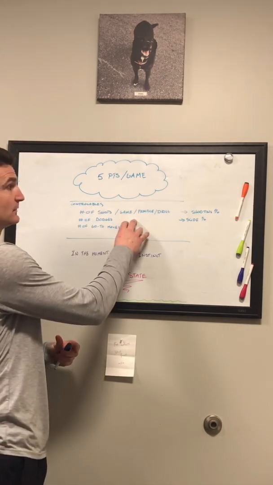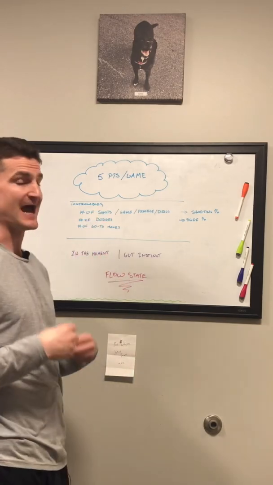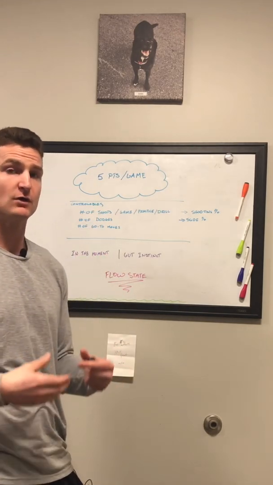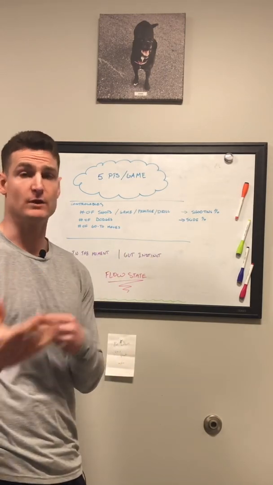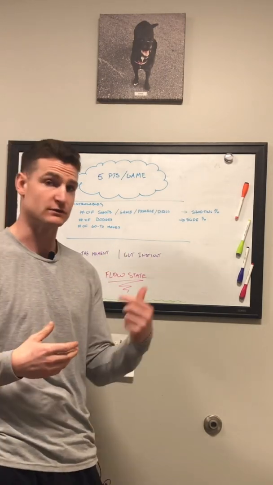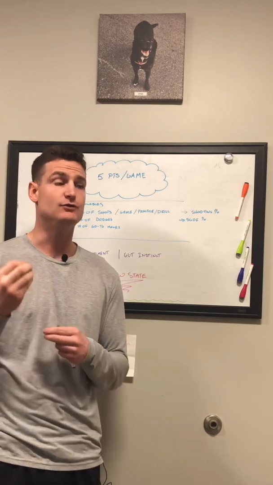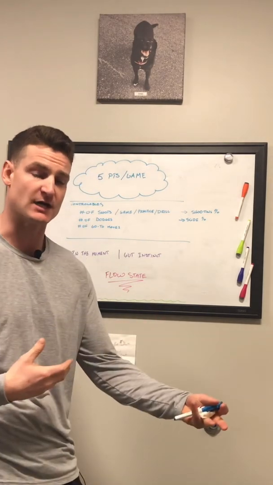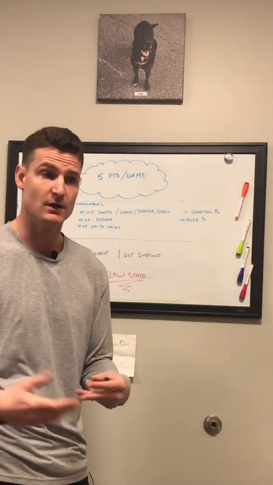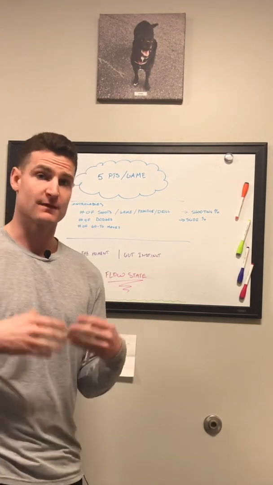Second tier, all right, is going to be the things that we actually do have control over. So part of what we want to understand is you don't have control over how many points you score. You don't have control over how many goals or assists that you get, but you do have control over the attempts that you take, right? And how you're getting your shots, where you're taking your shots from, how you're releasing them, things like that.